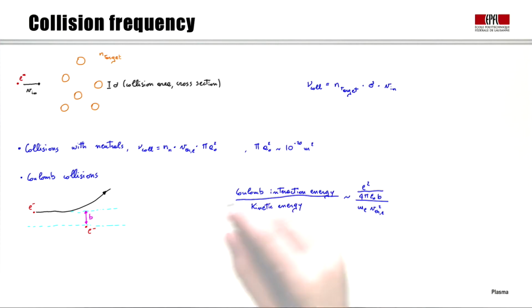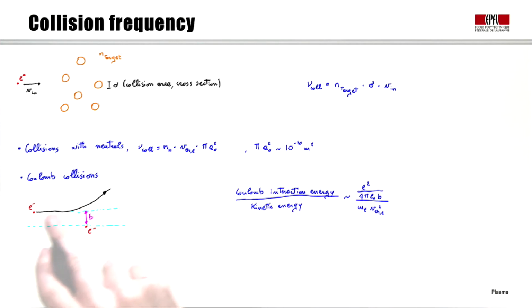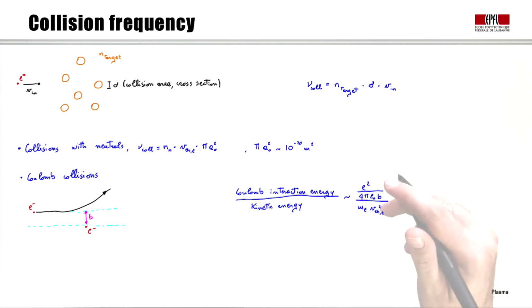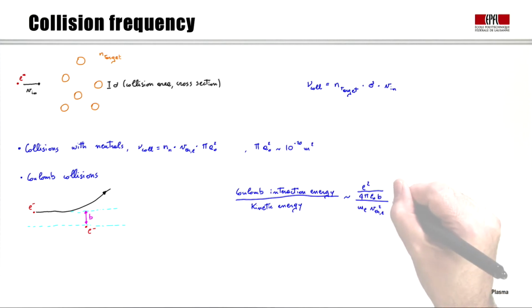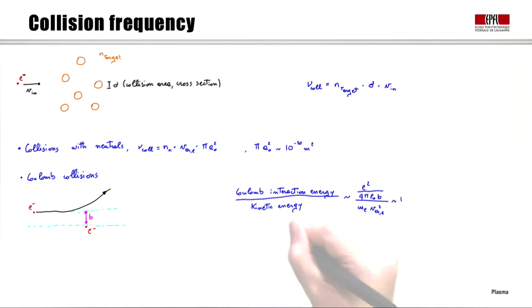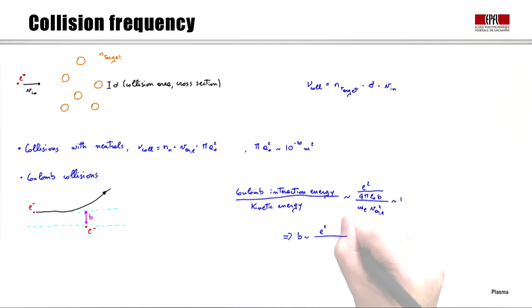we obtain that the deflection of the electrons impacting against other electrons will become important when this ratio is about 1, which means when the impact parameter is about e squared divided by 4 pi epsilon 0 m_e v thermal e squared.